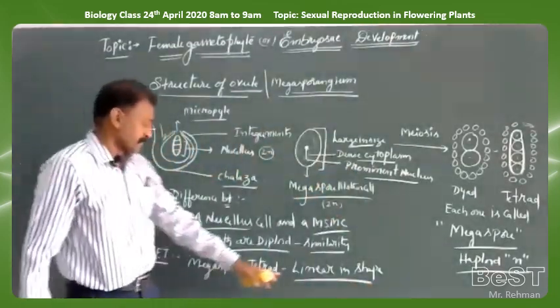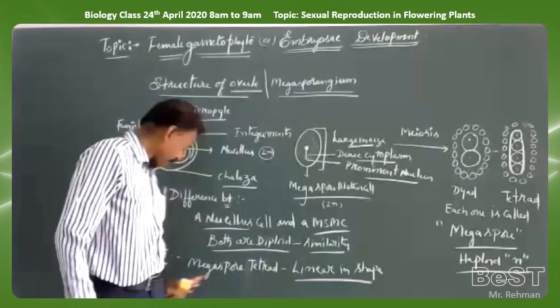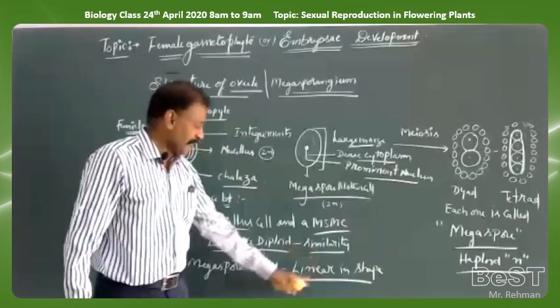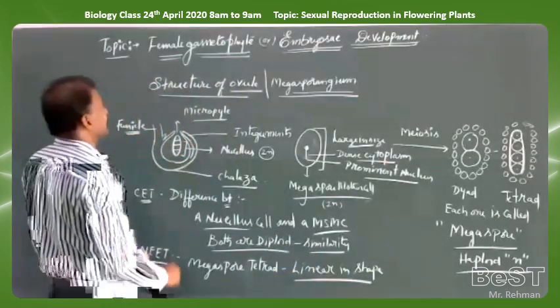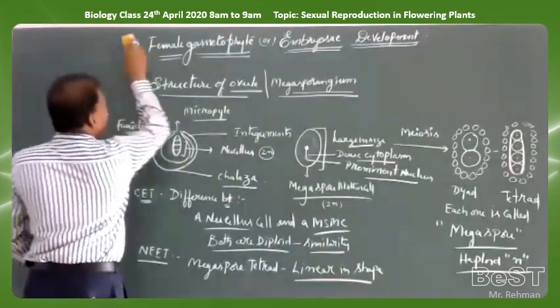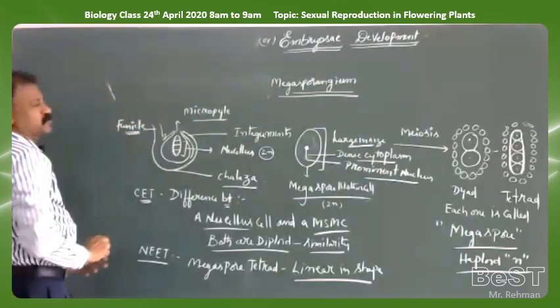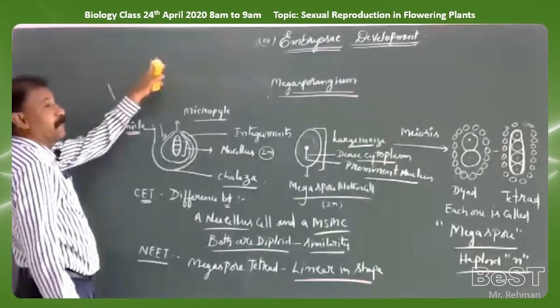Sir, why are we clearly mentioning that the megaspore tetrad is linear in shape? Because the reference is the microsporangium.